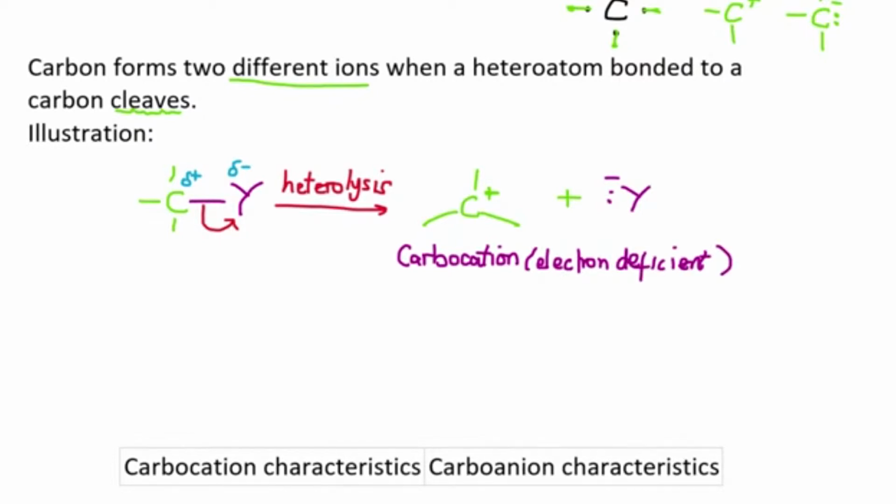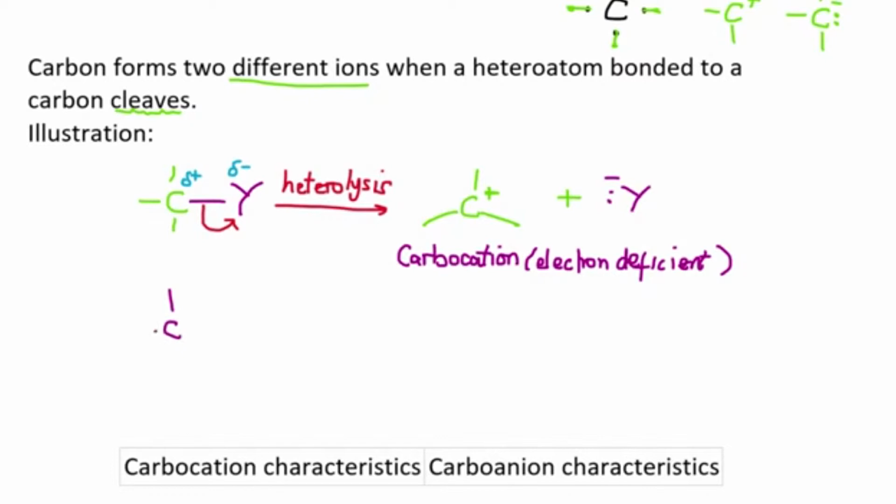Now let's look at another scenario where we have our carbon bonded to another type of Y species, which is a heteroatom. We'll use a different color to illustrate that.